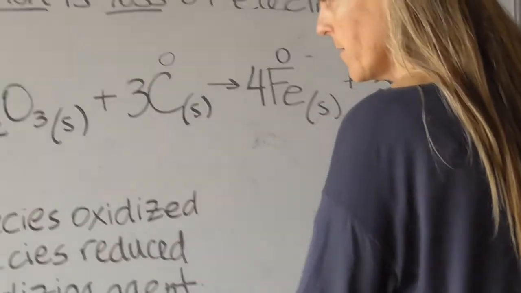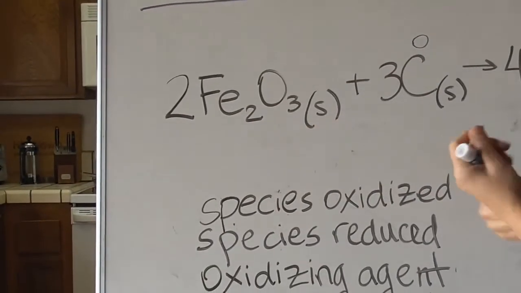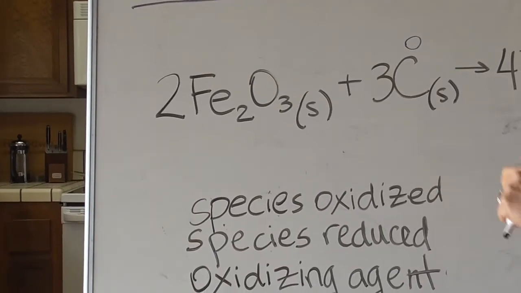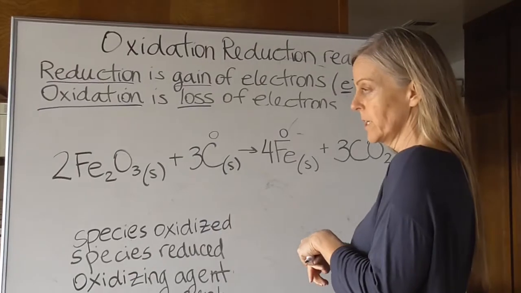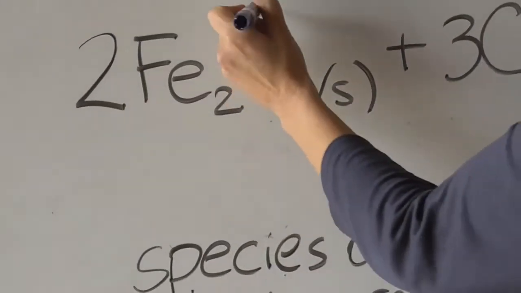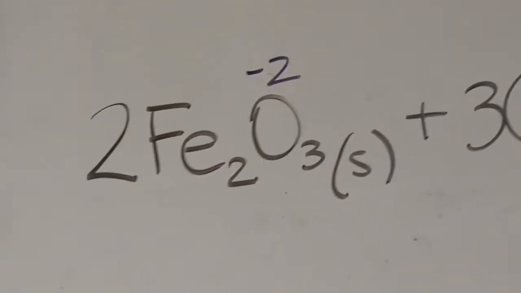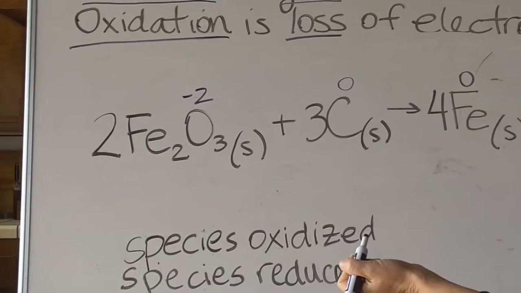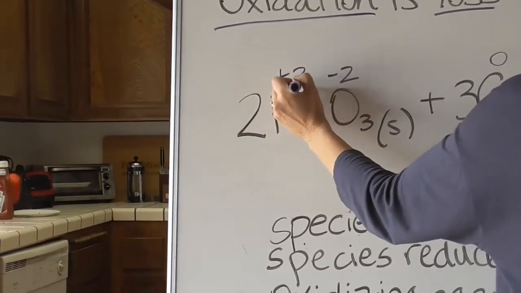Then when you have the combination of elements together, you have to use the rules to work backwards and figure out the one that you don't have a rule for. So for this oxygen, the rule for oxygen is going to make that oxygen -2, which is going to make this iron +3.